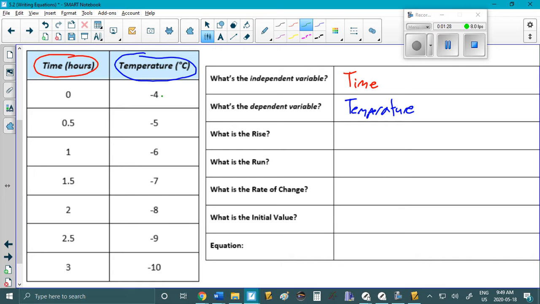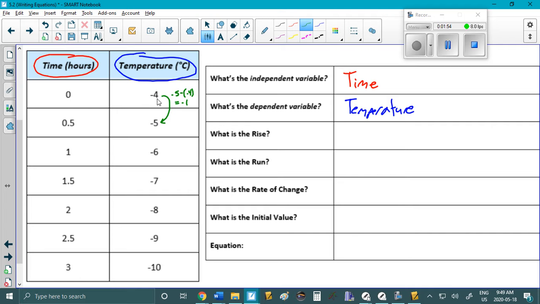So to find the rise, we want to know what happens from here to here. And to do that, we take the bottom number and we subtract the number above. So in this case, we have -5 minus -4, and that is going to be -1. Now the other way to do this is just to look at the numbers. If you go from -4 to -5, are you going up or down?